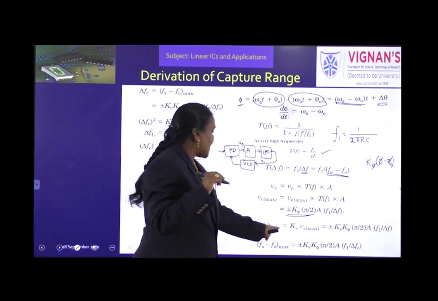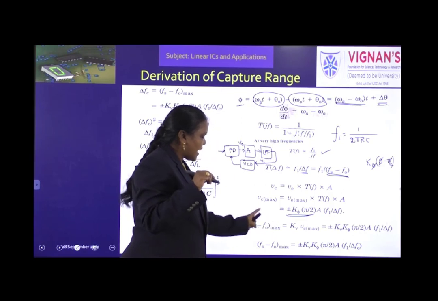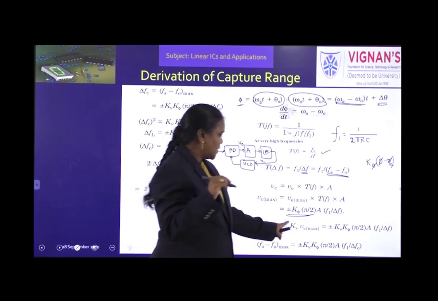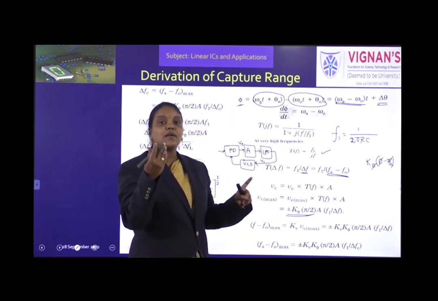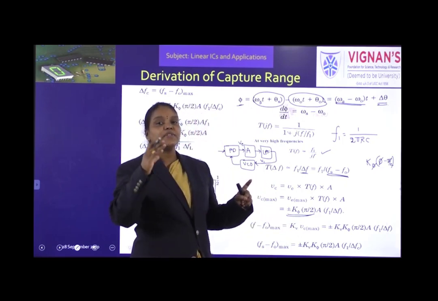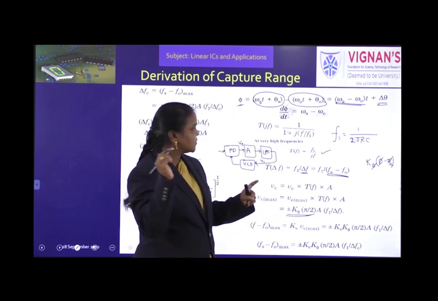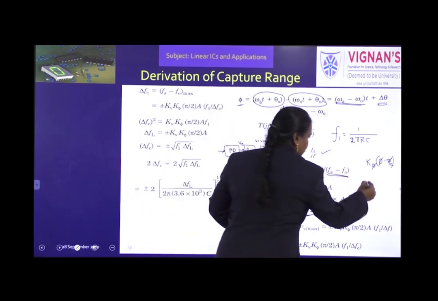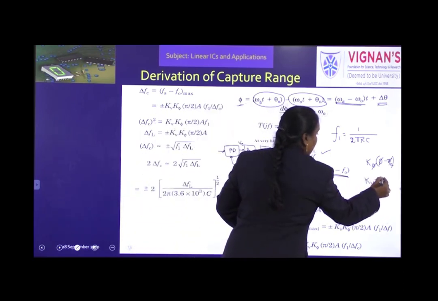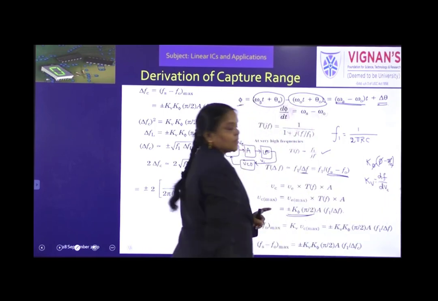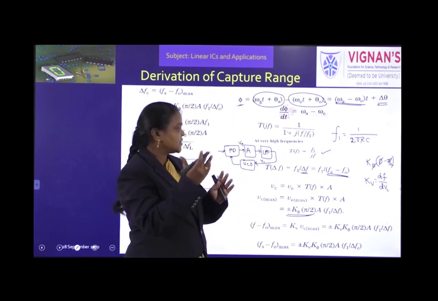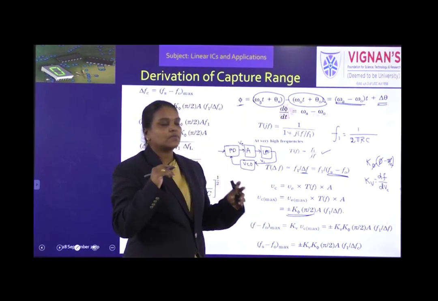Now what is the maximum frequency deviation we can have? That is KV into VC max. KV means, based on the control voltage, how the VCO will change its frequency. That is, KV represents the change in frequency with respect to change in control voltage. That is how sensitive it is to the control voltage.